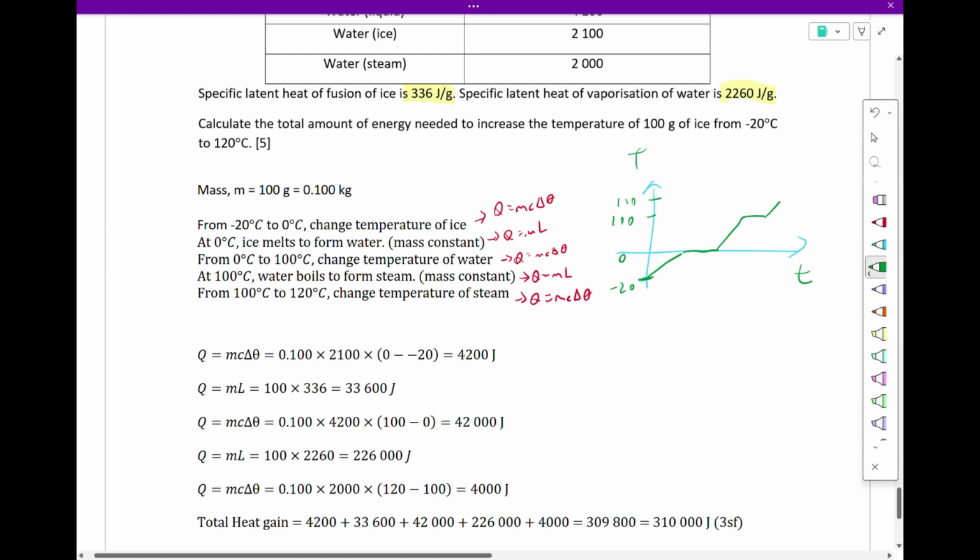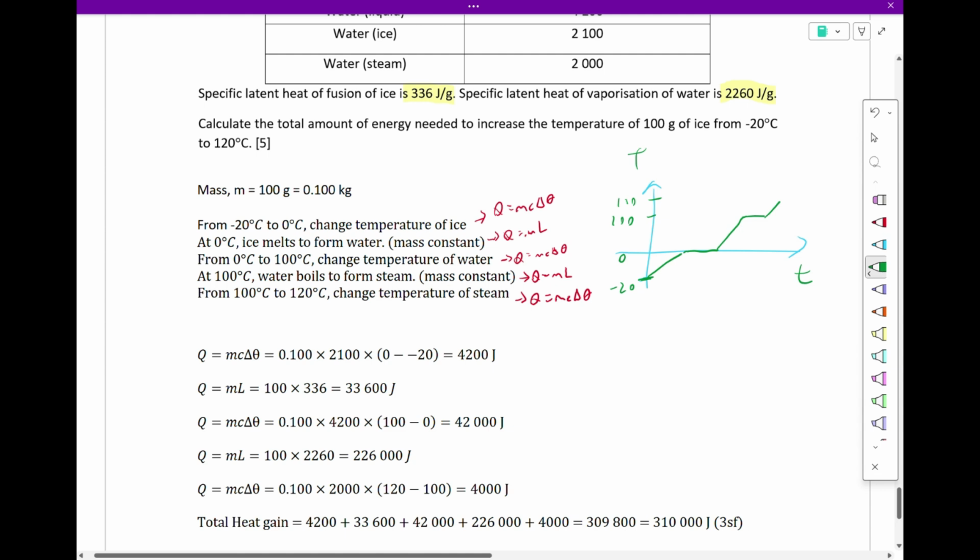And if you were to calculate between two objects, heat gain is equal to heat loss. For one object to gain heat, something else must lose heat. So if that's the case, you solve for your total heat gain, and it will be equal to the total heat loss. Just throw in the formula, ask yourself, always double check. Number one, substance A, does it change state? Does it change temperature?